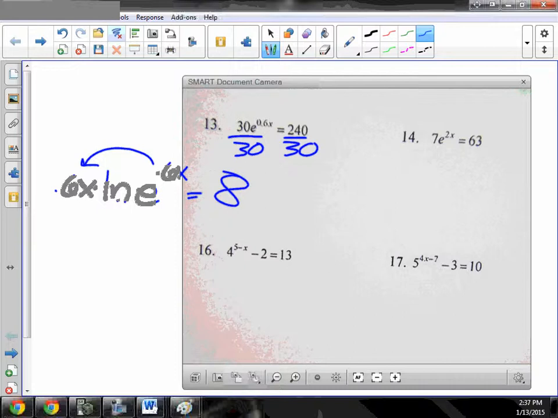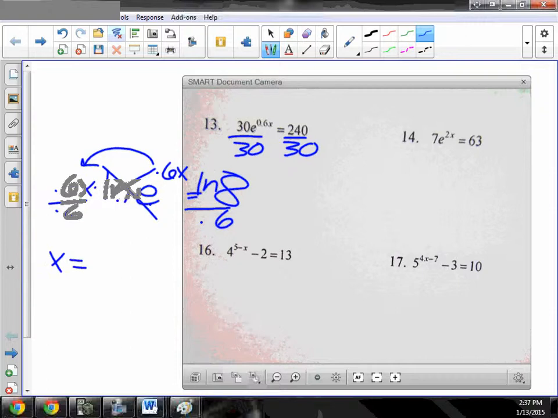So every time you're solving for an exponent and your base is e, use the natural log, because ln of e turns into 1. So in this case, since it's a multiplication problem, we can just kind of cross it out. Oh, I still have ln 8 on that side. And I divide by 0.6. So x is ln 8 over 0.6.